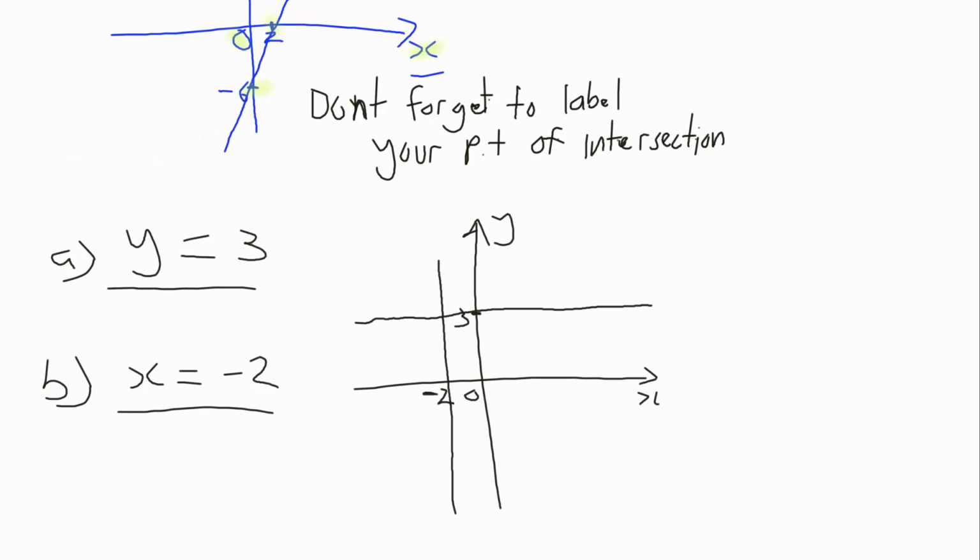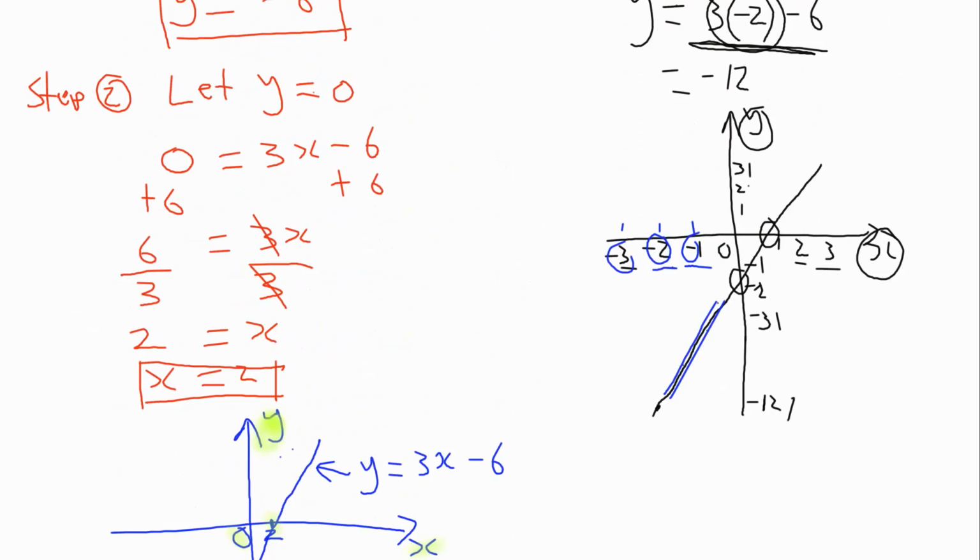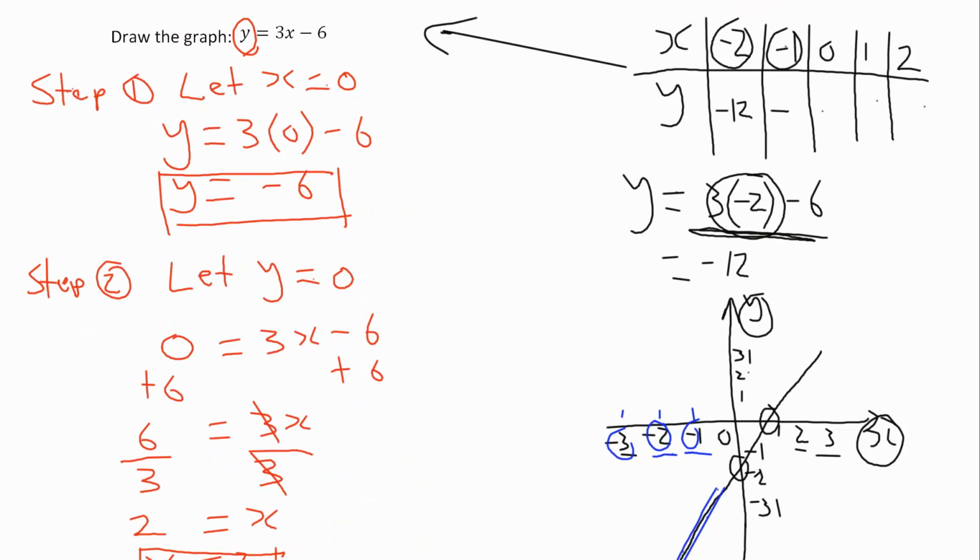Now, the reason this method works is, if we go up again to where we started, step 1, let x equals 0. If I let x equal 0, I'm going to draw that graph right now. Just label my y-axis, label my x-axis. So when x equals 0, my graph will be right over here.